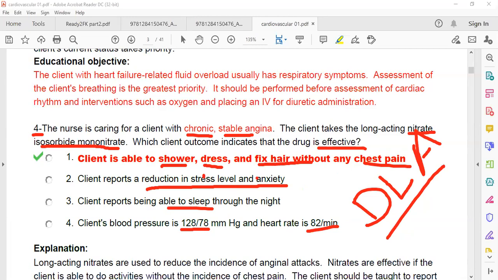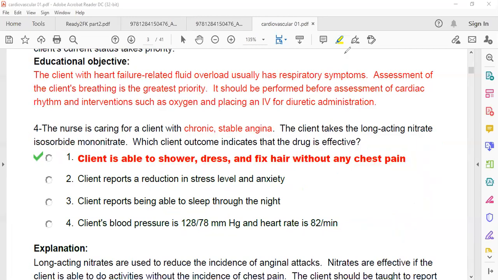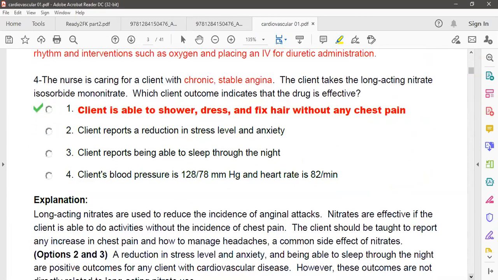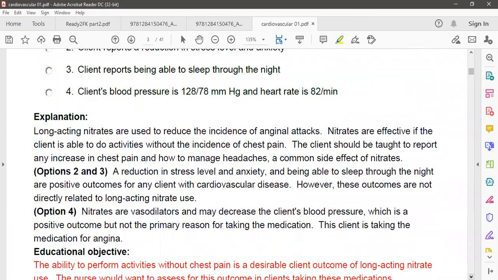So let me go and read the explanation first. I said, if my patient does daily living activity without any exertion, it indicates the drug is effective and working.